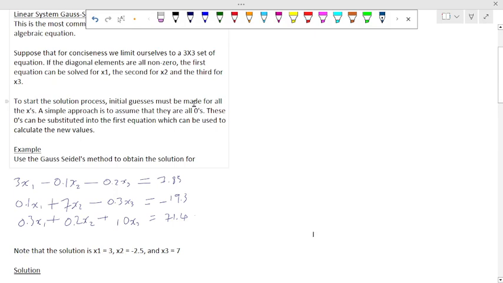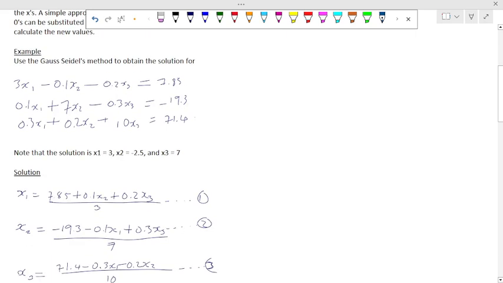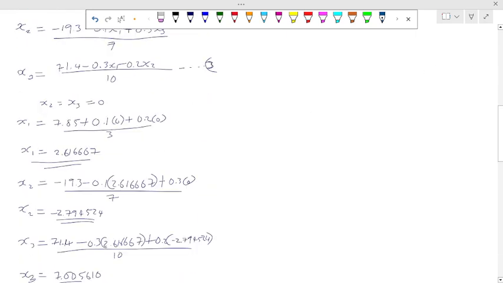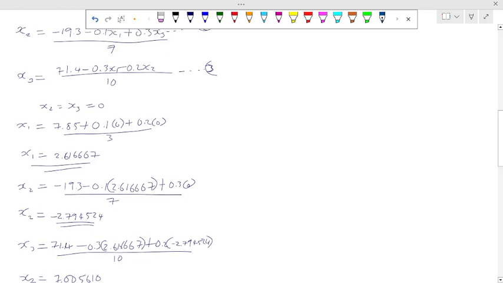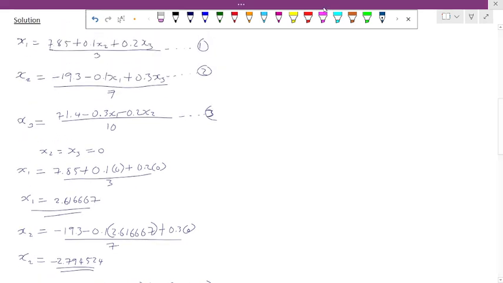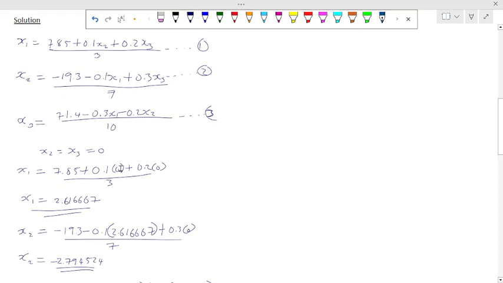So let the x's be 0. While looking for the first one, x2 and x3 are 0. Where you have x2 you put 0, where you have x3 you put 0. That will give you the value for x1.